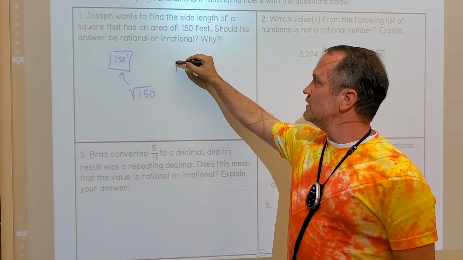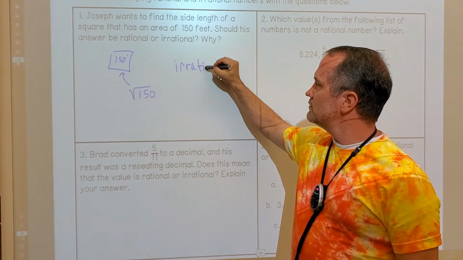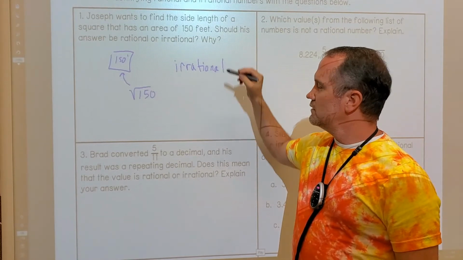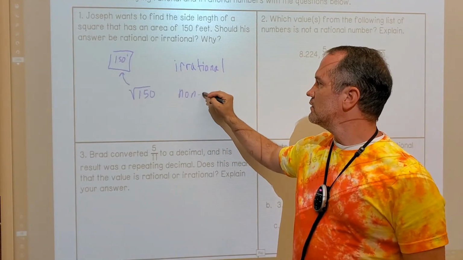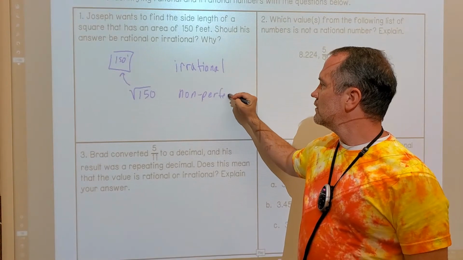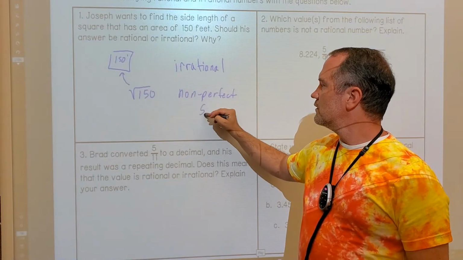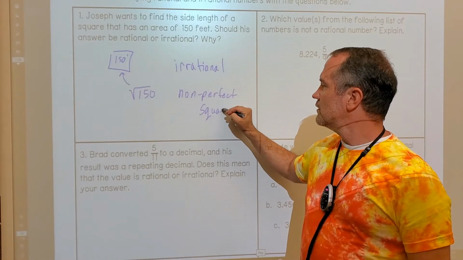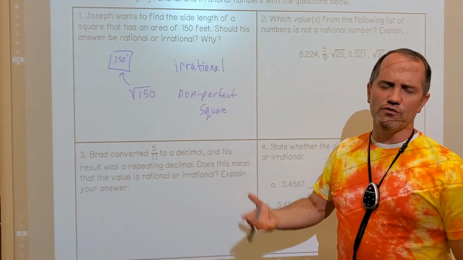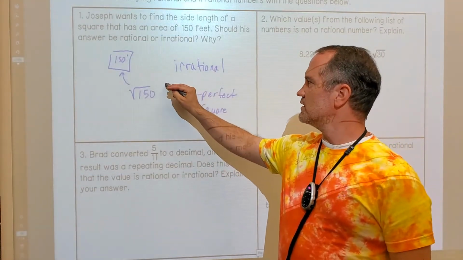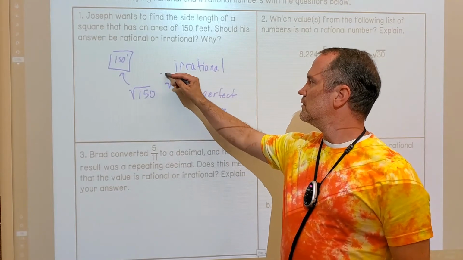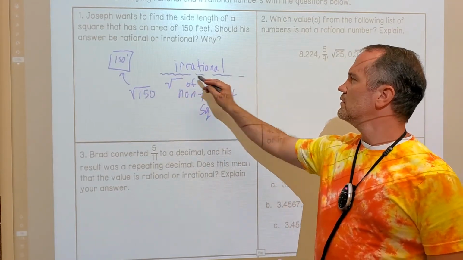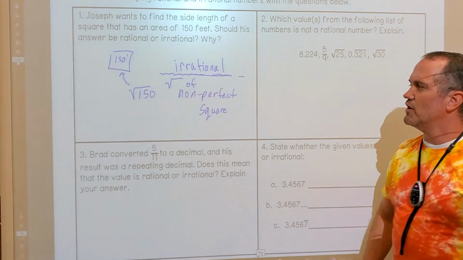So it will be irrational because it's not a perfect square. It's the square root of a non-perfect square. I'm going to just write this. Square root of a non-perfect square.